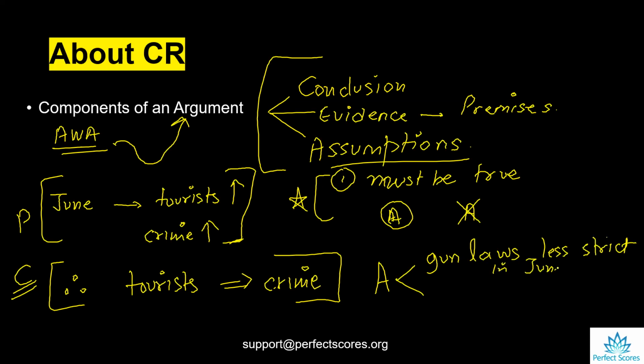And the second is that if there are no tourists, in all the years when in June there were no tourists, the crime also did not increase. All right, so those are the two alternatives for an assumption. Which one do you think is correct and which one do you think is wrong?